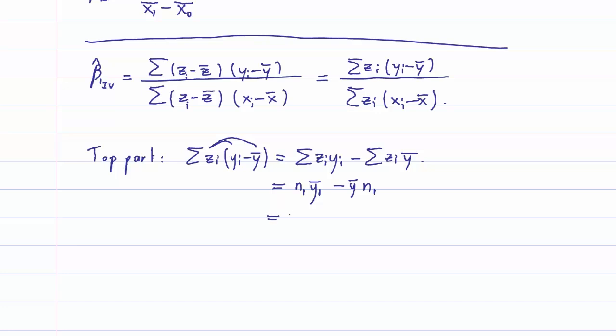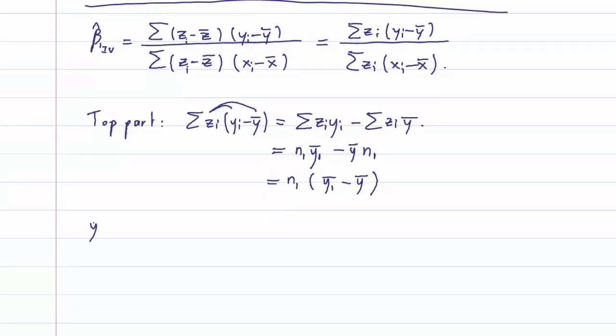So I can rewrite this as n1 times (y1 bar minus y bar). So again, I have n1 times y1 bar, which is the average y for the treatment group, minus y bar, which is the average y for the full sample, both the treatment and the control group.